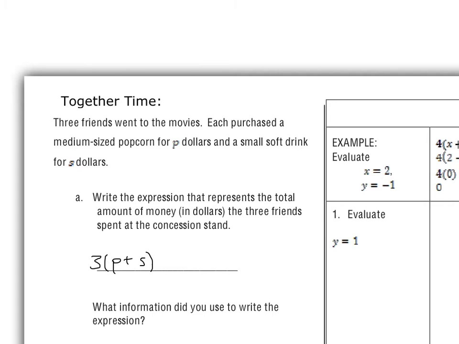Well, thinking through this, some of you may have written the expression 3P plus 3S. How would I know, looking at the original expression that I wrote, that your expression was the same or equivalent? What could I have done to consider that?